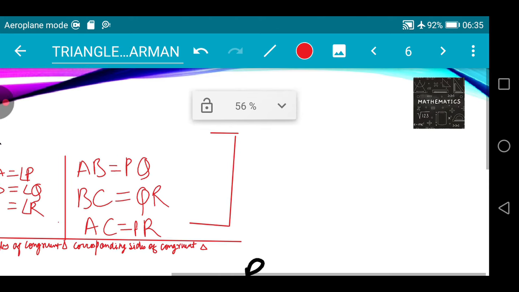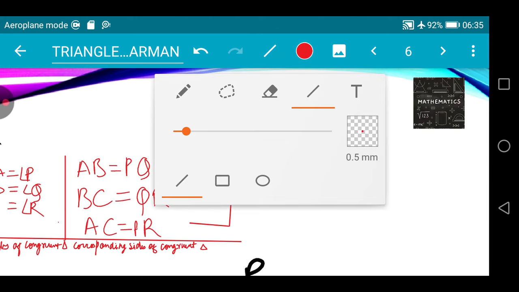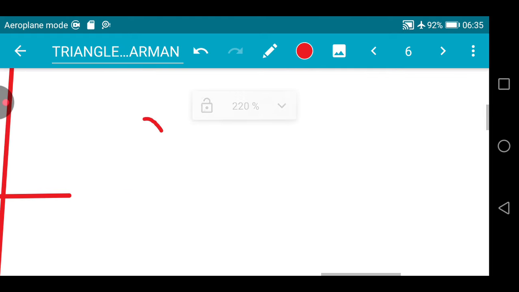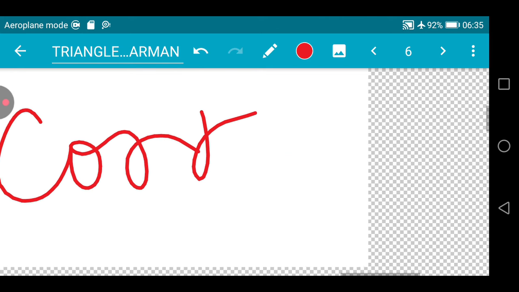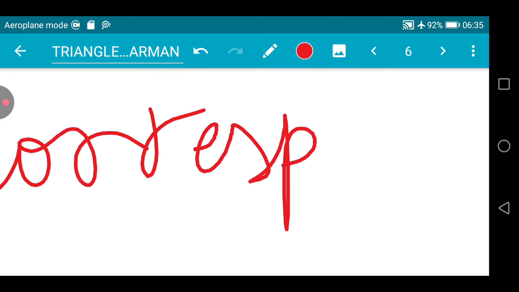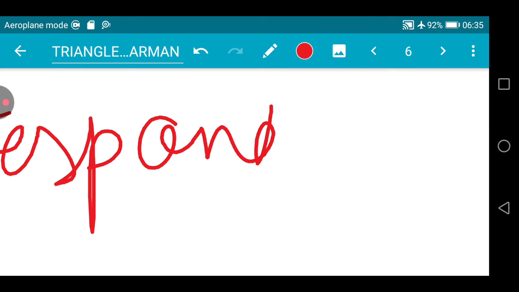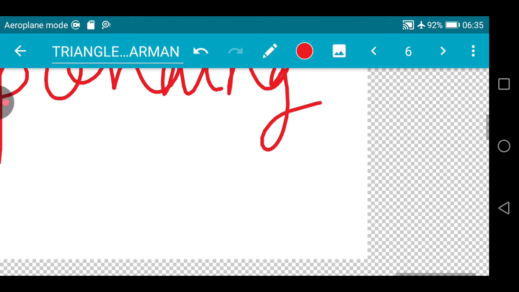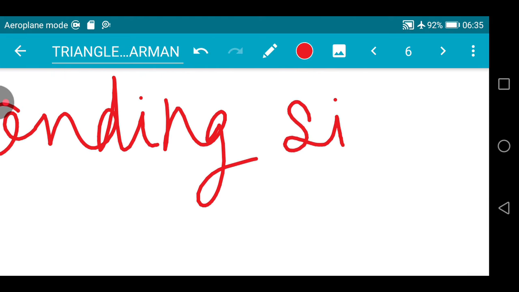then these are called corresponding sides or angles. What will we write? Corresponding sides or corresponding angles?